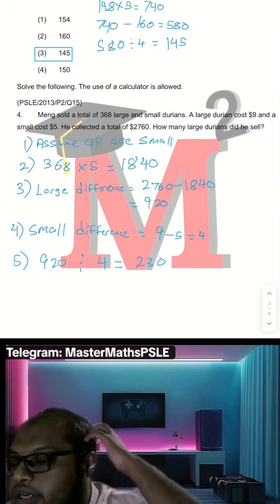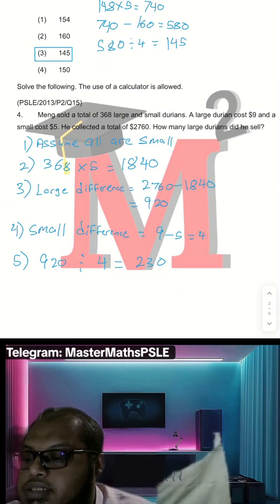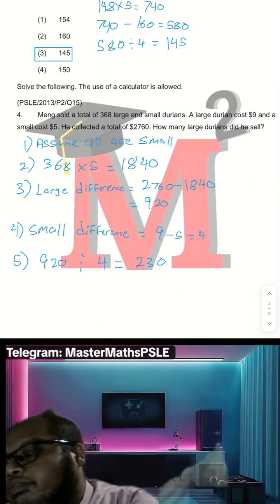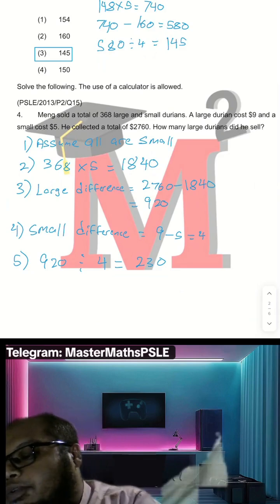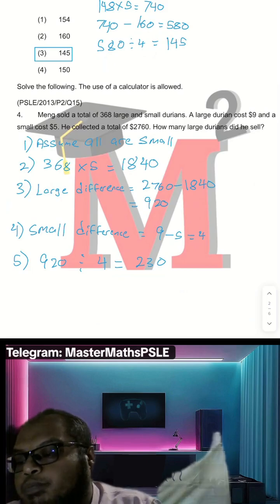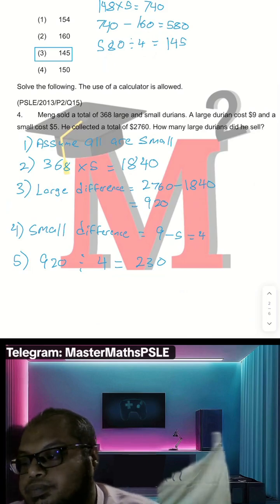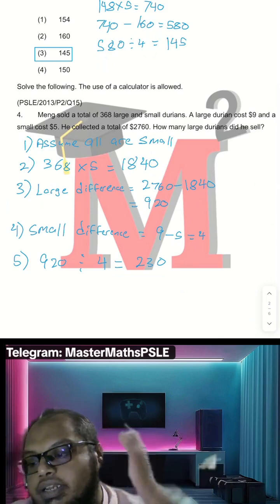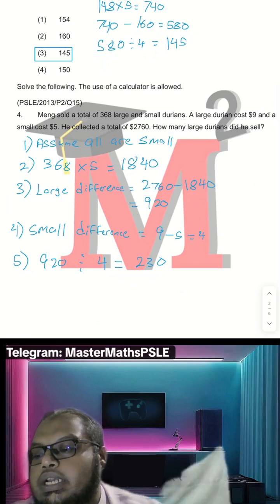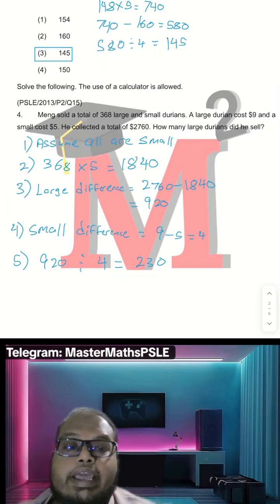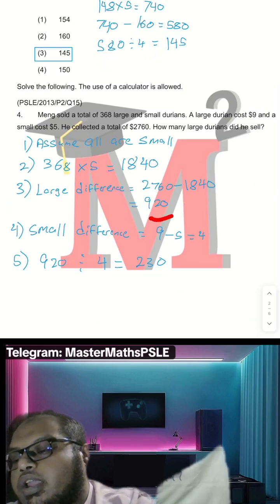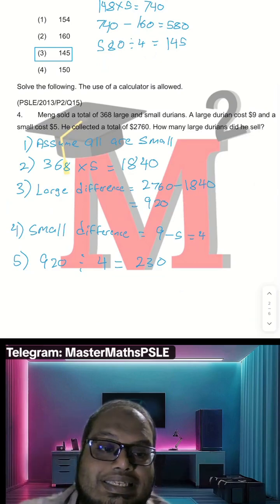So if all the 368 durians are small durians, we multiply by 5 and I got 1,840. Now the large difference is the difference between the assumed and the actual total. So here I take 2,760 minus 1,840. I got 920.